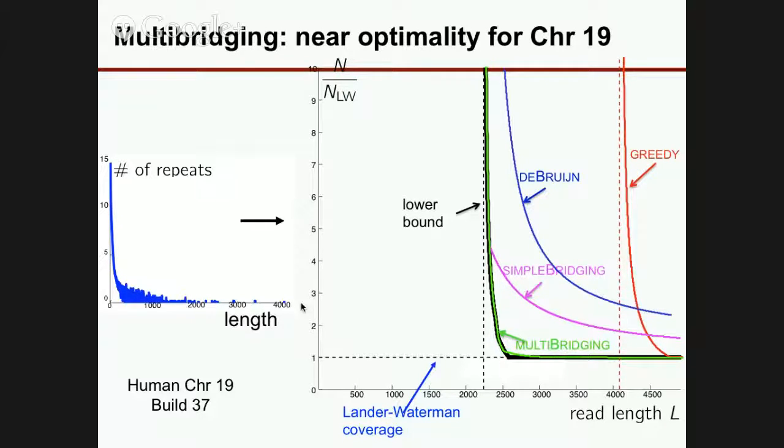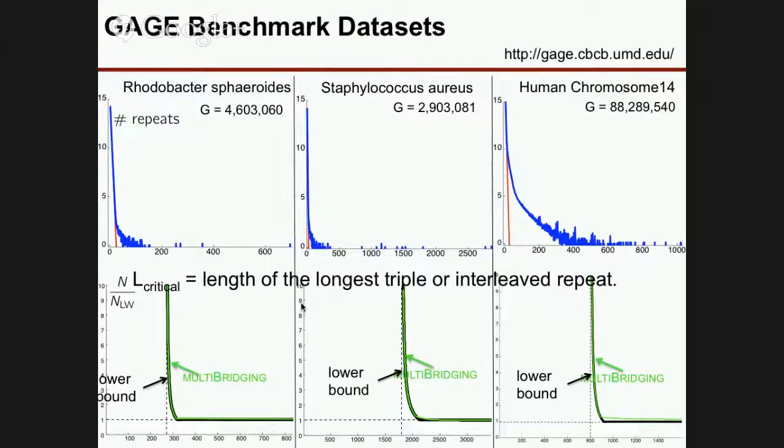Since the gap between our algorithm and the lower bound is in the bridging condition of the triple repeat, it doesn't show up here because the triple repeat is much shorter. So bridging that is very easy. Whether you need triple bridge or single bridge, it's pretty much the same thing. And we also got lucky in all these 3 benchmark data sets as well.